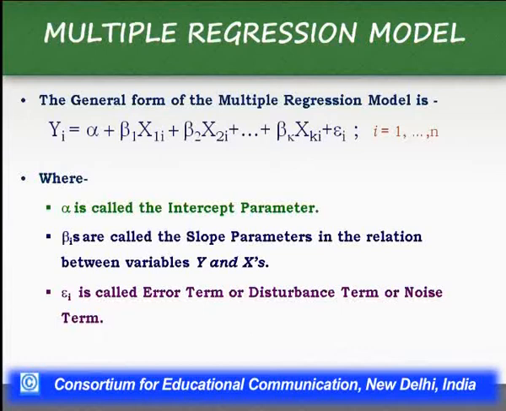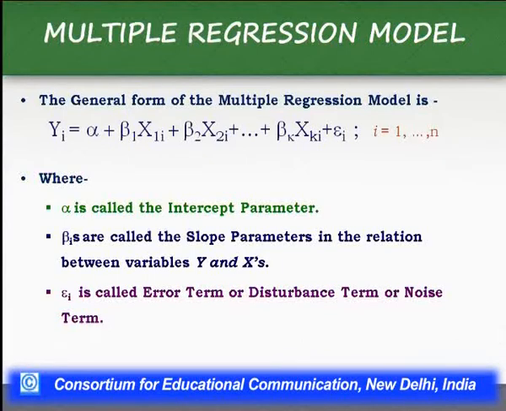yi is equal to alpha plus beta1 x1 plus beta2 x2 plus up to betak xk plus the error term, that is ei, and i goes from 1 to n. So this is a simple extension of the two-variable regression model, where we have added n number of variables.